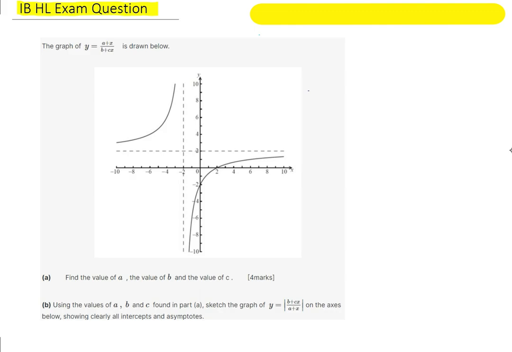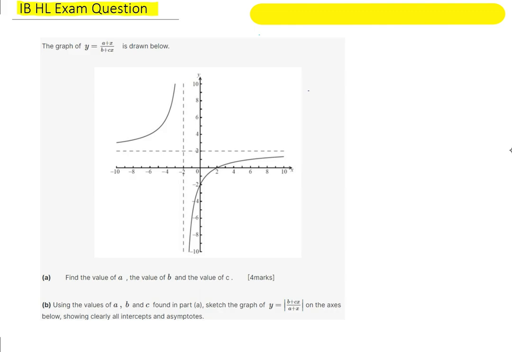Using the values of a, b, and c found in part A, sketch the graph of y equals the absolute value of (b plus cx) over (a plus x) on the axis below, showing clearly all intercepts and asymptotes. So I hope the question is absolutely clear.